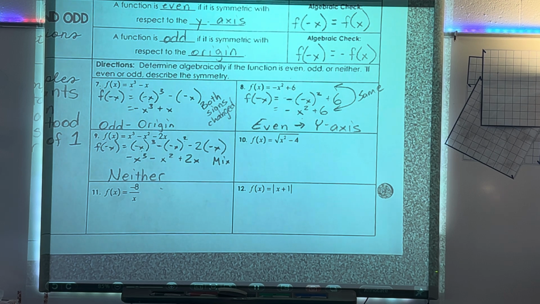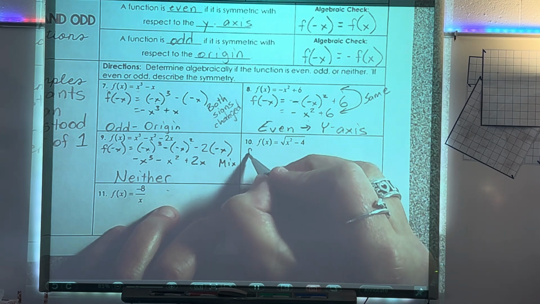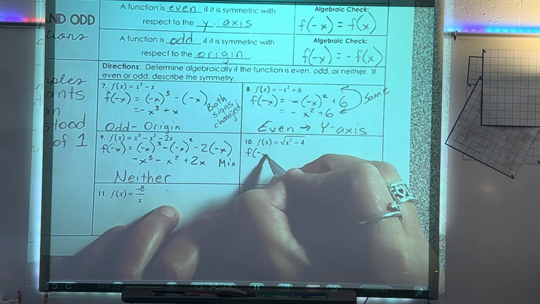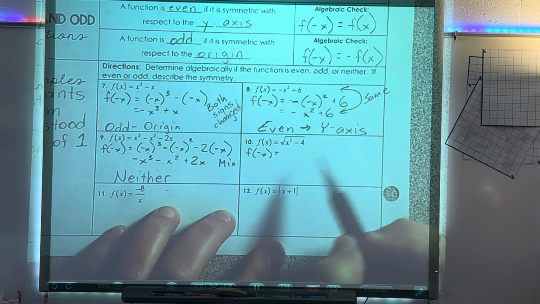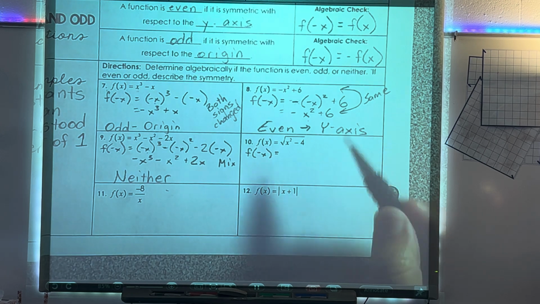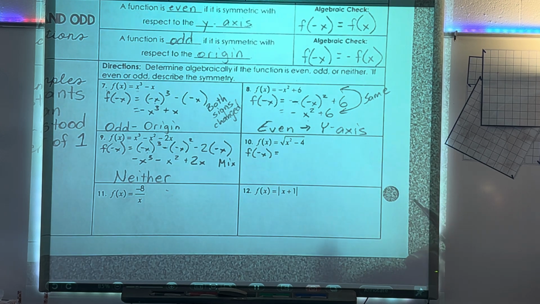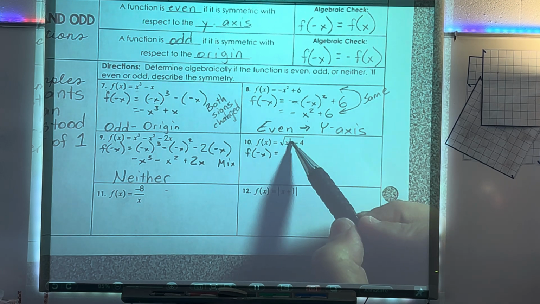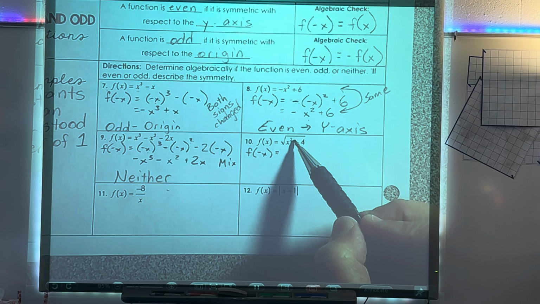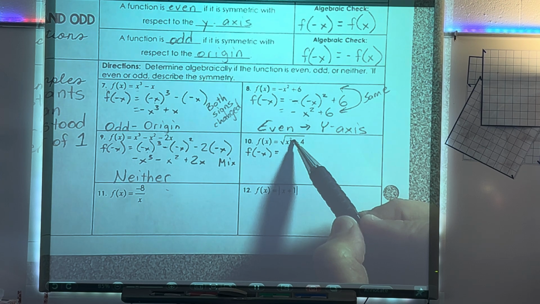Yes? Right. So if I have a mixture, it's neither. We okay there? Alright, so let's take a look at this one. I have f of negative x is equal to, now, this is a square root function, right? I'm taking the square root of a square. So my square is what kind? Even, odd? Even. So when I square the negative, what's going to happen?